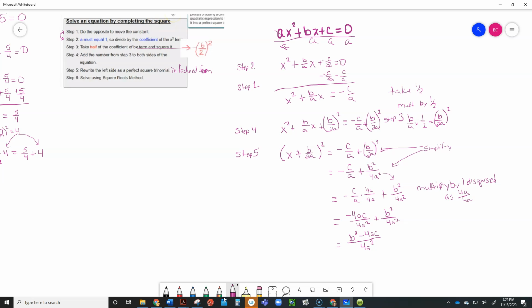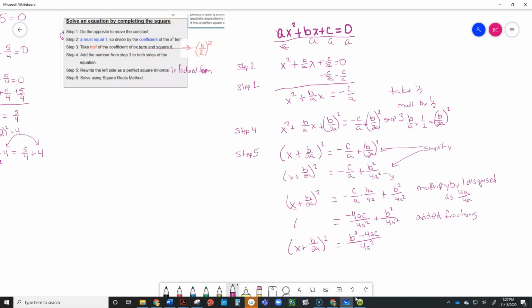Why did I do that? So I can get a common denominator, and then I just added my fractions. Okay, so that was all I did, and this over here stayed the same all the way down. So you'll want to come up and write this all the way down. Why? Because these are the things that you're going to look for when you're matching.